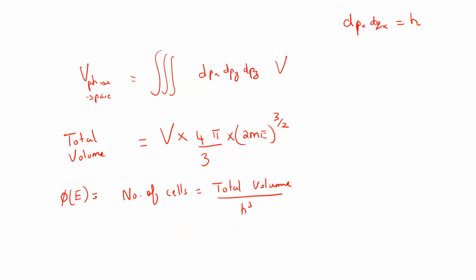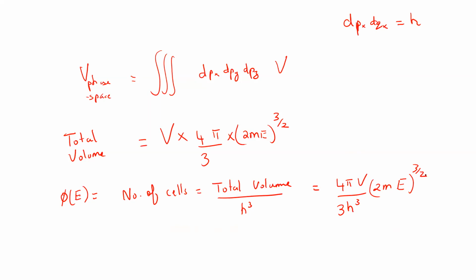So this quantity denotes the number of microstates in the energy range 0 to E. This quantity that we write out here, 4 pi V over 3 h cubed times (2mE) to the power 3 by 2, denotes the number of states in the energy range 0 to E.